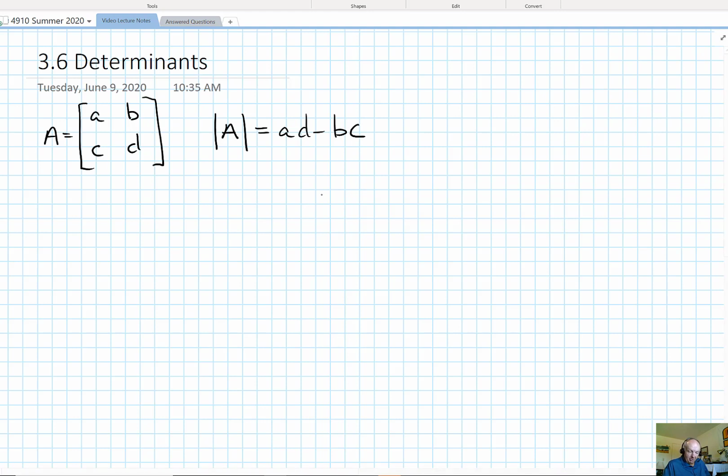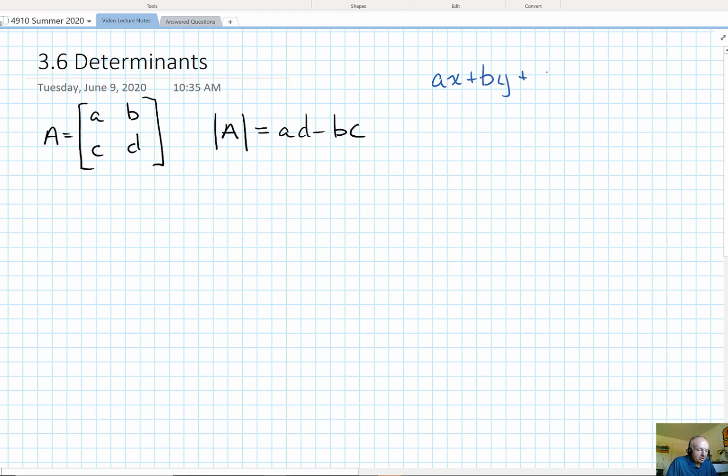I want to show you this because I think it's really important, because sometimes when you see determinants, they just say here is a matrix and here is how you find the determinant, and there you go. But it seems kind of random in that case. I want to show you where the formulas for determinants come from, and we're just going to do it in the 2 by 2 case.